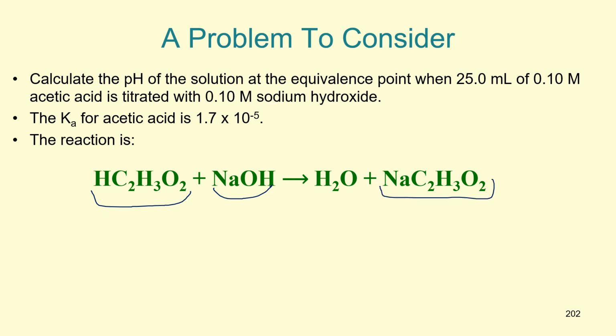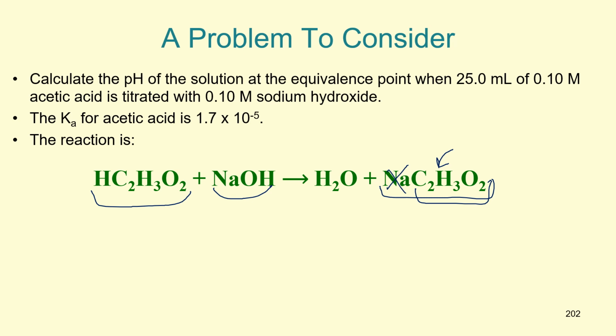You have sodium acetate, which is a salt. So this is really just a salt problem, but we can ignore the sodium because it comes from the strong base. So once the titration occurs, this is all we have left, and the only thing we have to be careful about is the volume, because there's going to be a new volume because we're titrating.